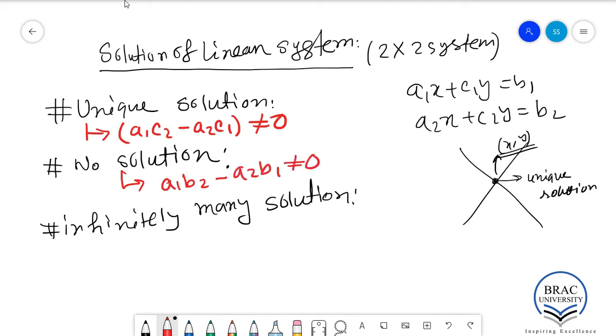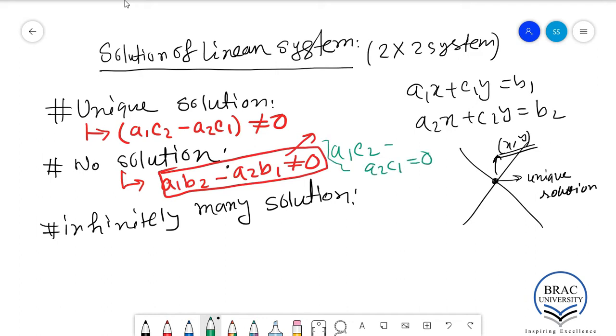This is the condition that we are assuming first, and if this is the case, then no solution will be given by a1 c2 minus a2 c1 equals 0. So we are assuming this is true, and if this is true, only then this will give me the no solution condition.